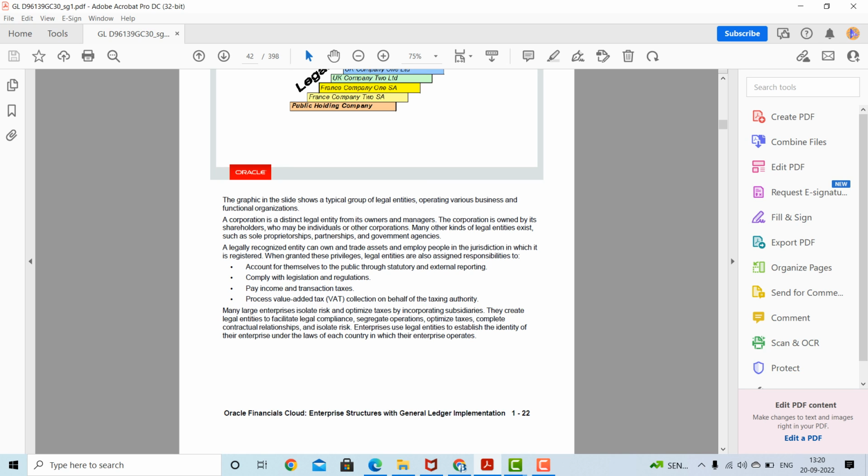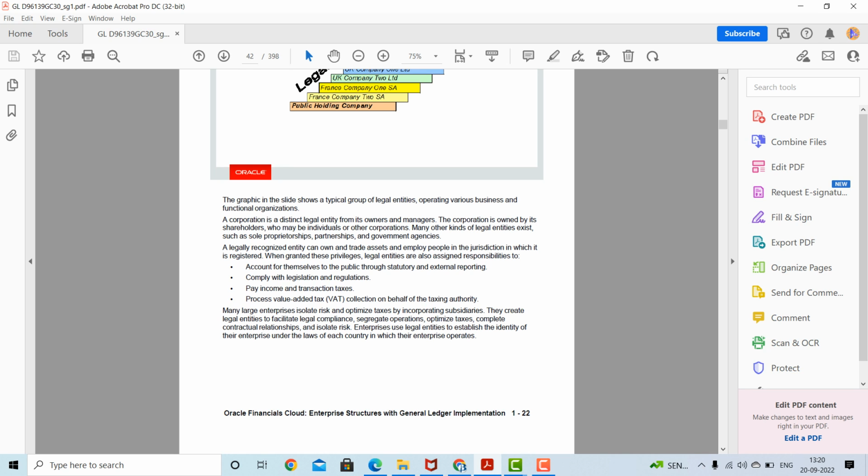When granted these privileges, legal entities are also assigned responsibilities to account for themselves to the public through statutory and external reporting, comply with registration and regulations, pay income and transaction taxes, and process value added tax, that is VAT, collection on behalf of the taxing authority.